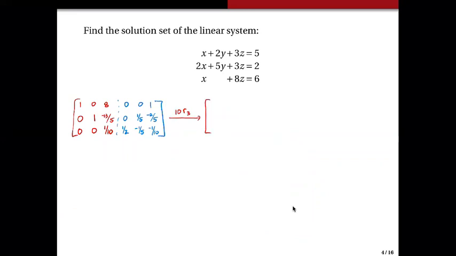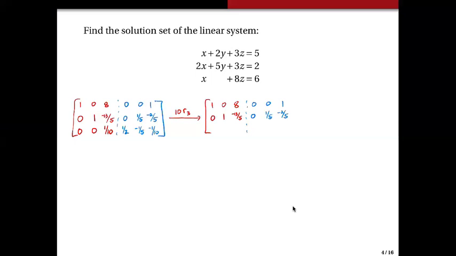So if we do this, we just copy row 1, 1, 0, 8. And then in here, we still have 0, 0, 1. For row 2, we just copy it, 0, 1, negative 13 over 5. And then here you have 0, 1 over 5, negative 2 over 5.